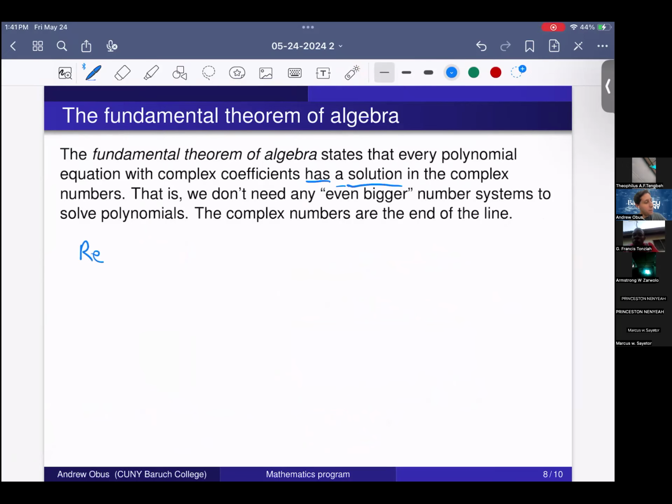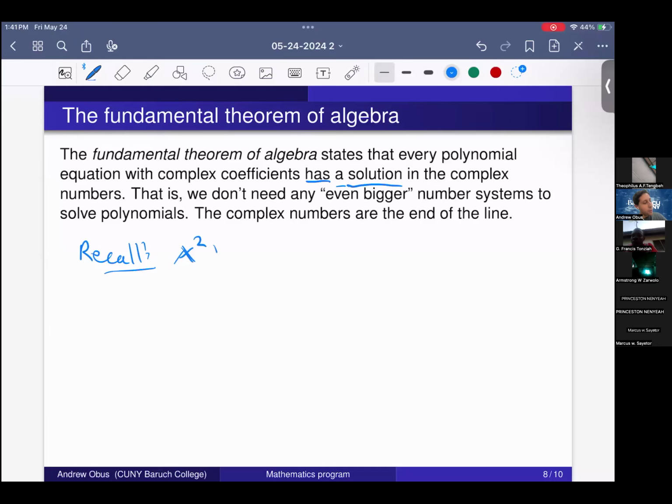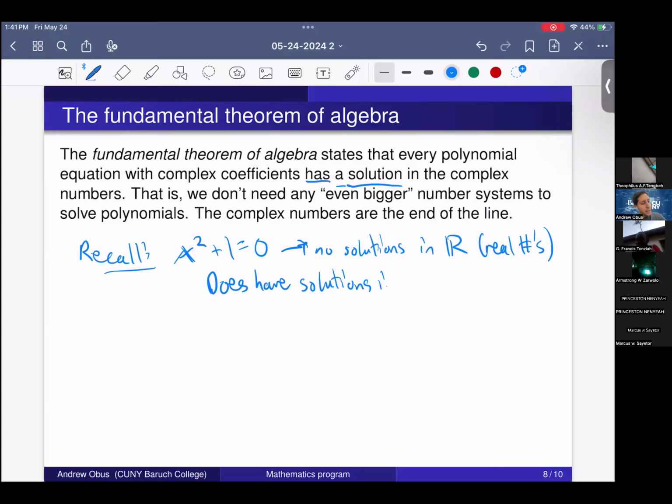Recall we have something like x squared plus 1 equals 0. This had no solutions in the real numbers, R, but it does have solutions in the complex numbers, which we sometimes call C.